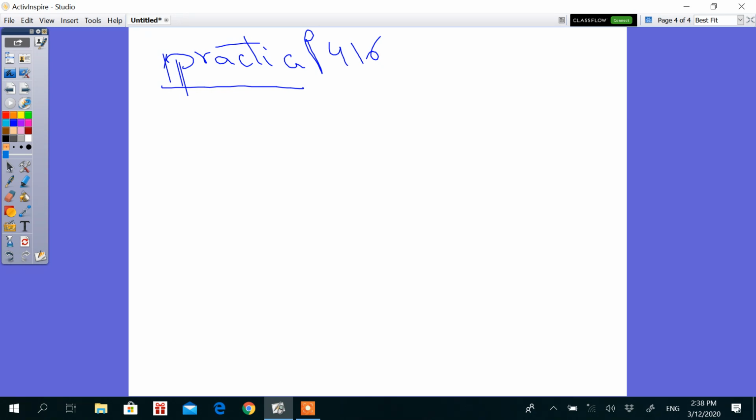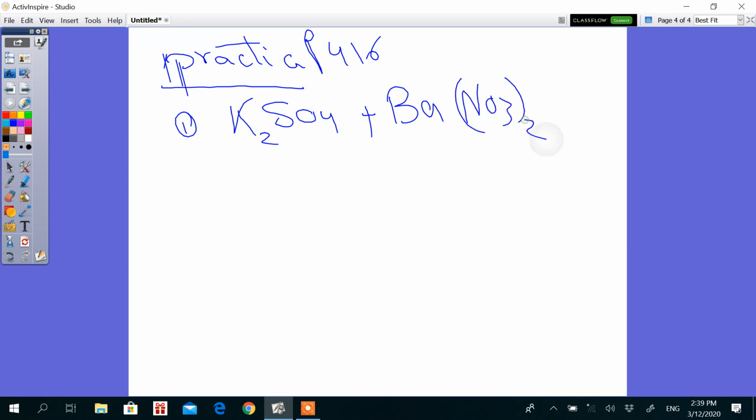Number one, if I have potassium sulfate, K2SO4, and barium nitrate, Ba(NO3)2, I must use them aqueous, not solids as we said before. How can I know if a precipitate will be formed or not? That's practice problem 1 on page 416.